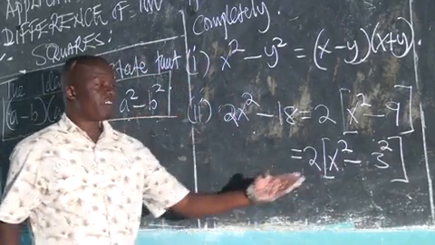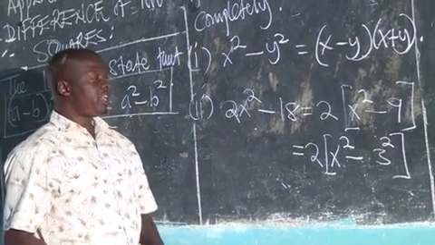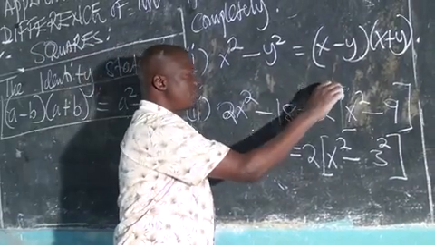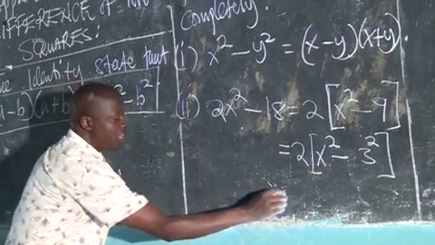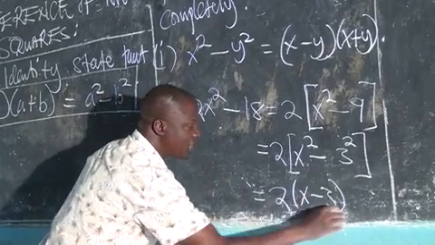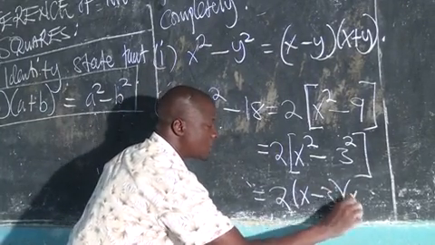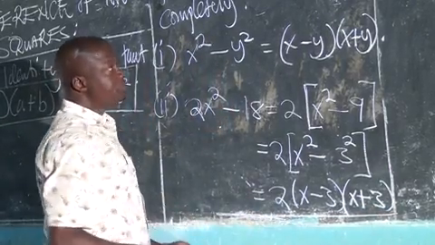But this is not the final answer. We are supposed to apply the difference of two squares, of which our final answer is 2 into (x minus 3), then (x plus 3). This is our answer.